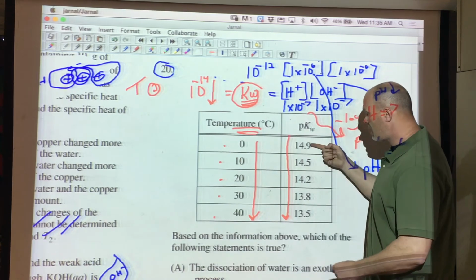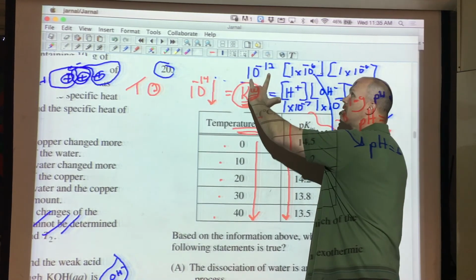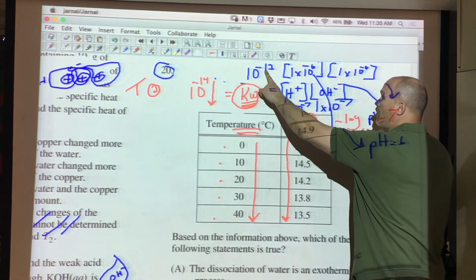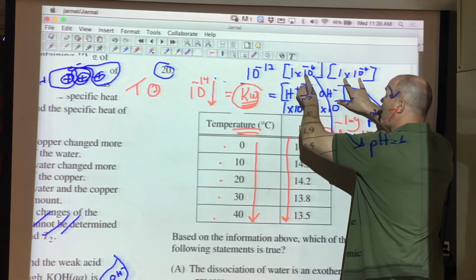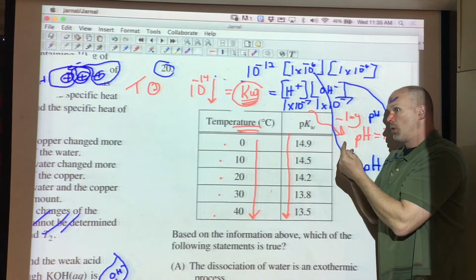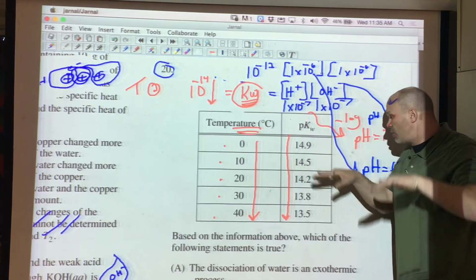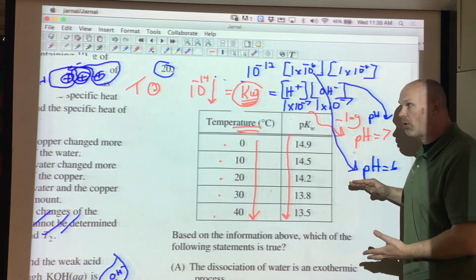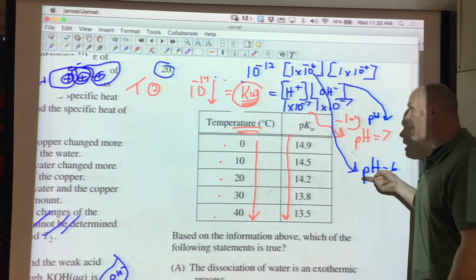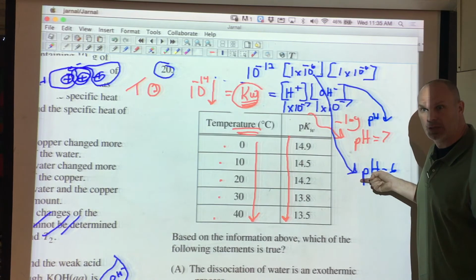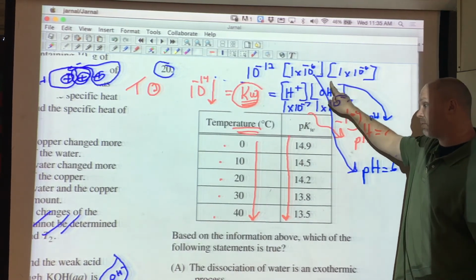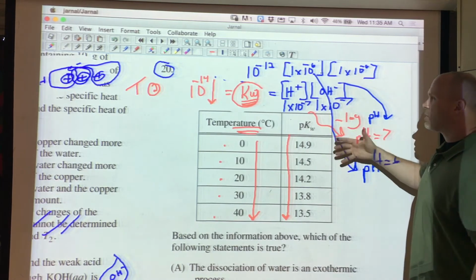So when this pKw drops, that means that this number is getting bigger by a negative exponent. And these numbers have to be the same. So the new neutral pH is now 6. The whole standard changes. We don't often talk about that. It doesn't mean that all of a sudden the water got acidic, does it? Because these guys are still what? Equal. We've seen this question before. So now the question is, why?